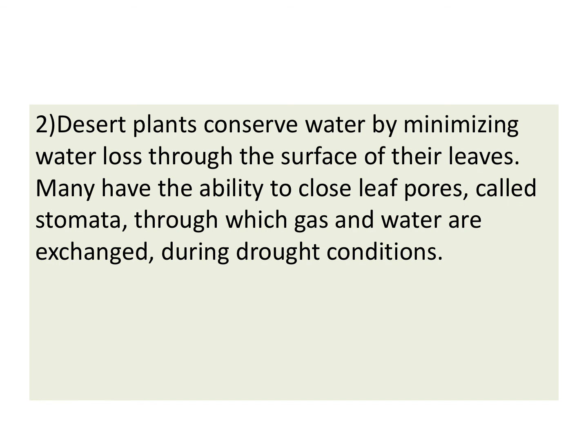Many have the ability to close leaf pores called stomata, through which gas and water are exchanged during drought conditions. Drought, D-R-O-U-G-H-T, drought conditions. Okay. Go to the next question.